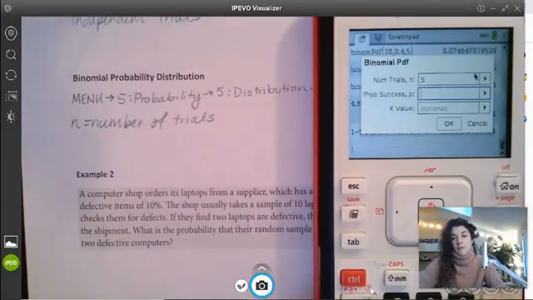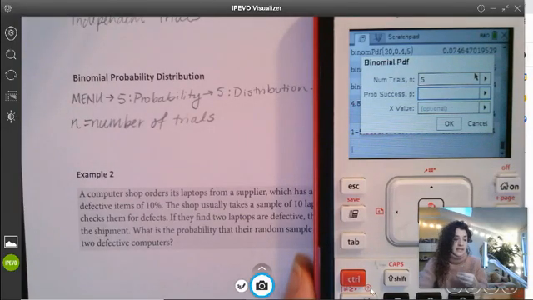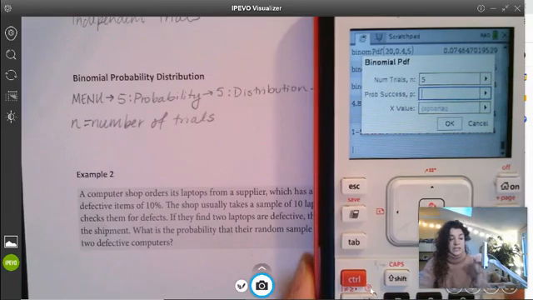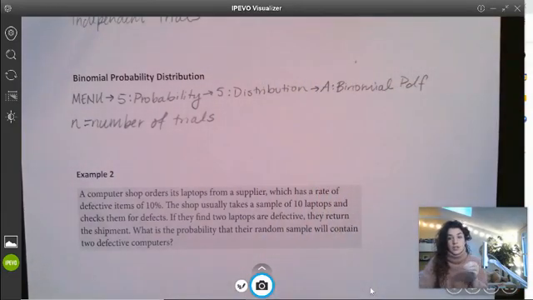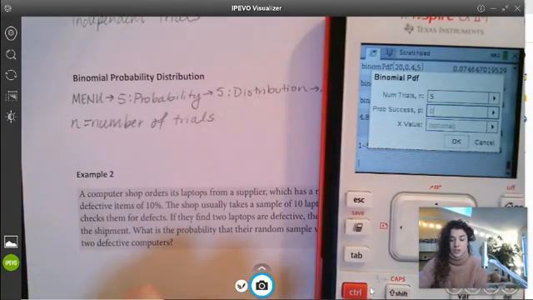The probability of success is the probability of the thing that we are looking at. Our question was, what's the probability of having exactly 2 figures in a box? So our probability is the one that goes with getting a figure, which is 0.2.